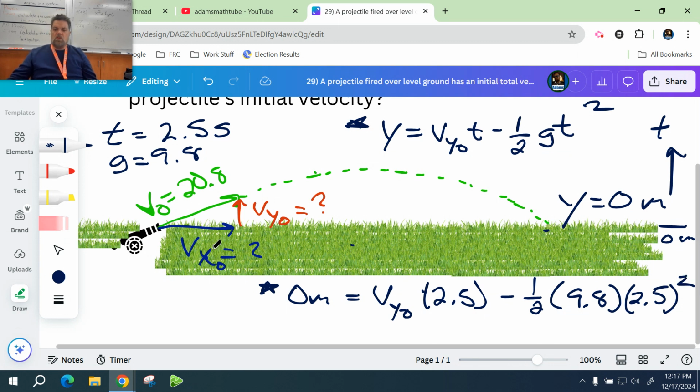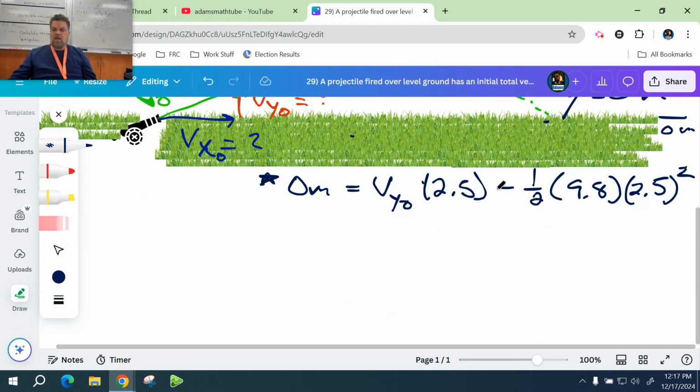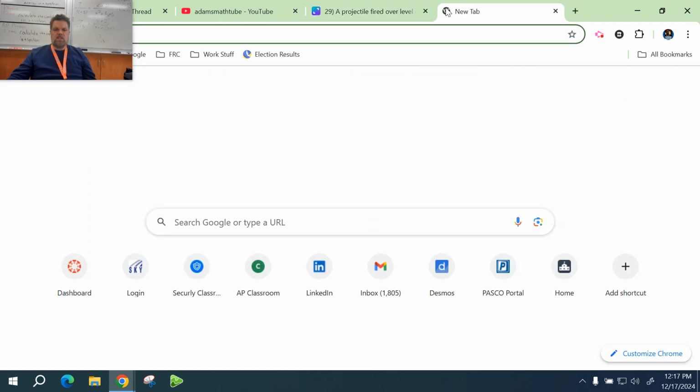So when I do that, mathematically this becomes 0, this becomes 2.5 times V y naught, and this becomes negative 4.9 times whatever 2.5 squared is. I feel like that's going to be like 6.25 or something, but let's just do it on the calculator to be sure.